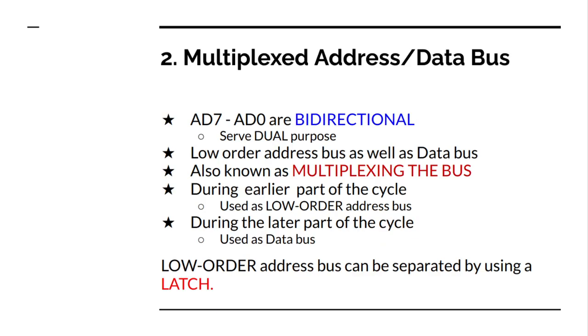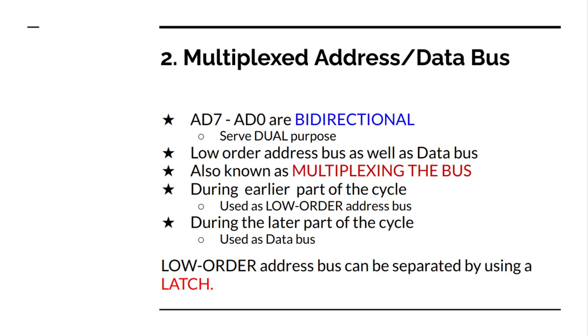Then we have the multiplexed address or data bus, that is AD7 to AD0, which are bidirectional and serve dual purpose. So it is the low order address bus as well as the data bus, also known as the multiplexed bus. We say multiplexing because for 0 it will act as an address bus, and for 1 it will act as a data bus.